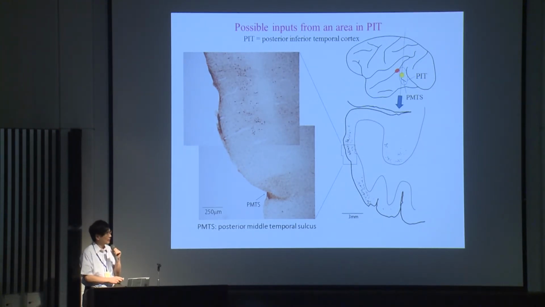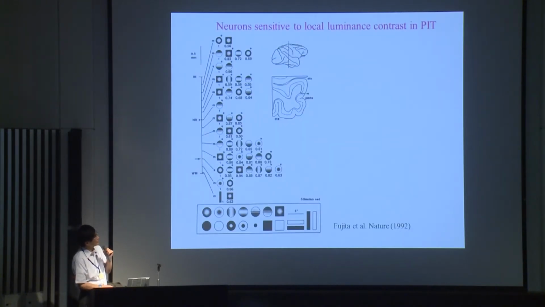The reason why we are interested in this particular location is that previous studies have reported neurons sensitive to local luminance contrast in this region. This is a figure taken from the paper by Keiji Tanaka and colleagues in 1992. They penetrated the electrode into the location here that is slightly dorsal to the anterior end of the middle temporal sulcus.